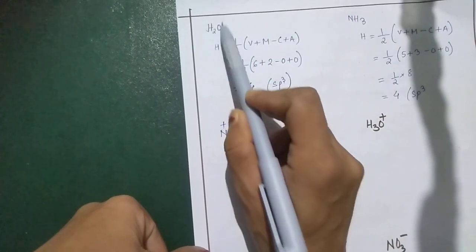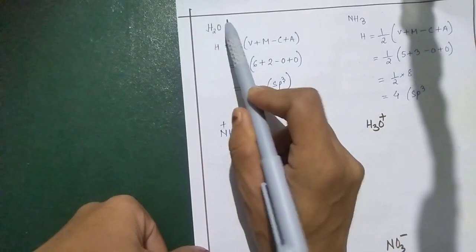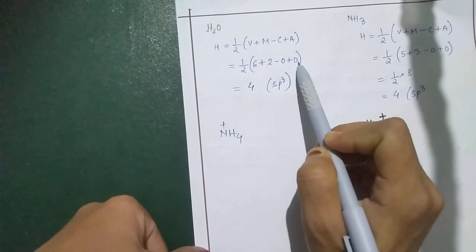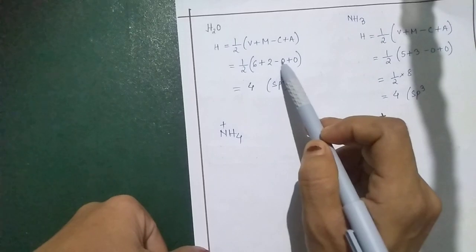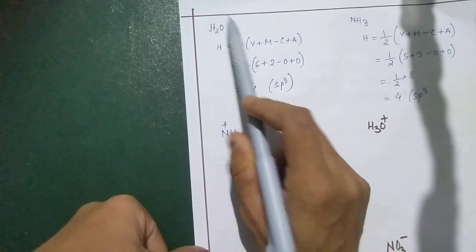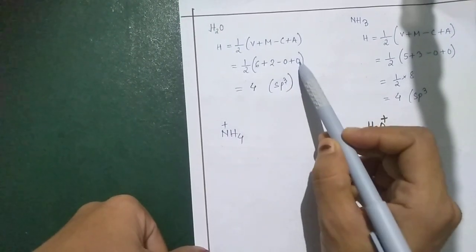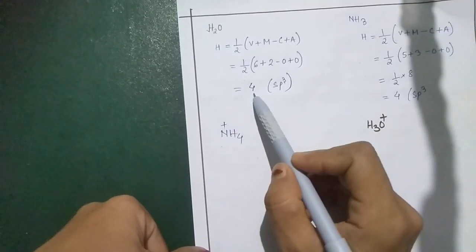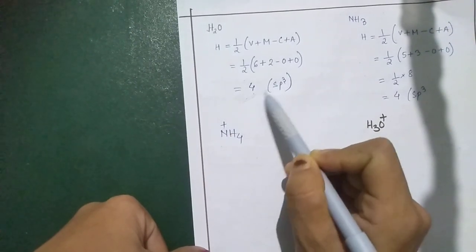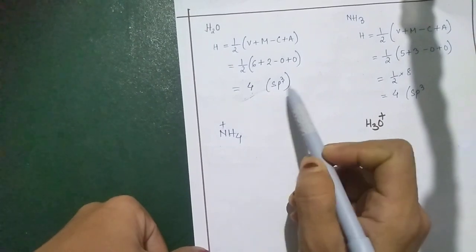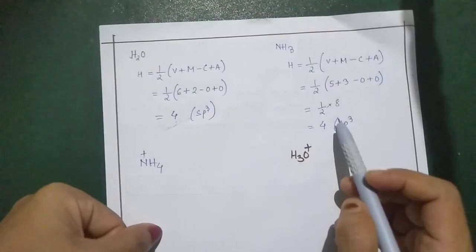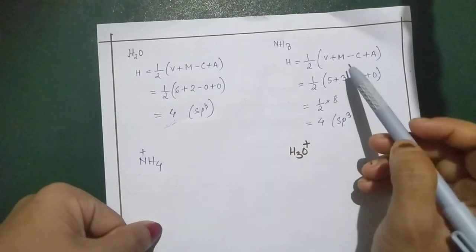No charge at all, no plus, no minus, so it is 0. Since there is no charge, there will be 0 and 0. By calculating, H is equal to 4. 4 means sp3.